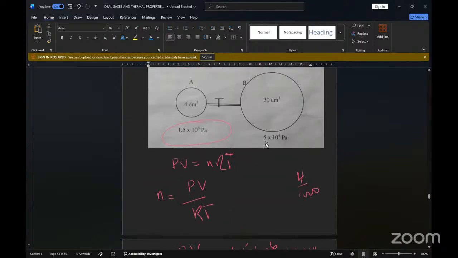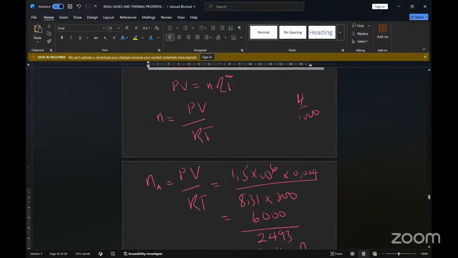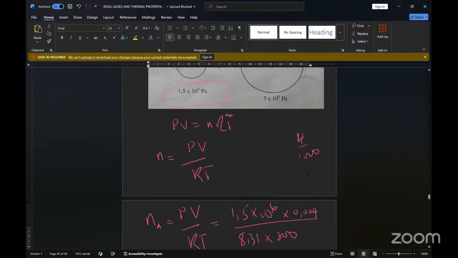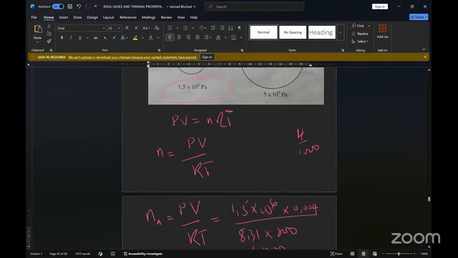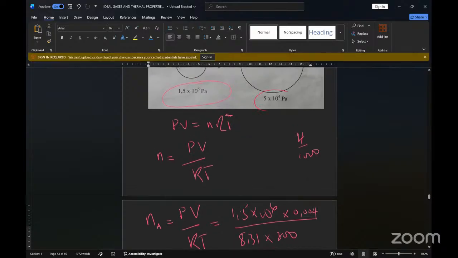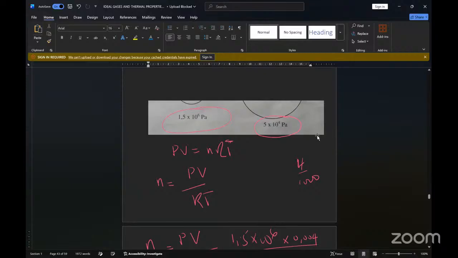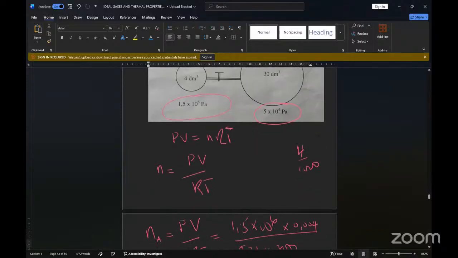The P is 5 times 10 raised to the power of 4 Pascal. So times 10 raised to the power 4 means 4 zeros after the 5. So that is 50,000. The volume indicated there is 30 decimeter cube.